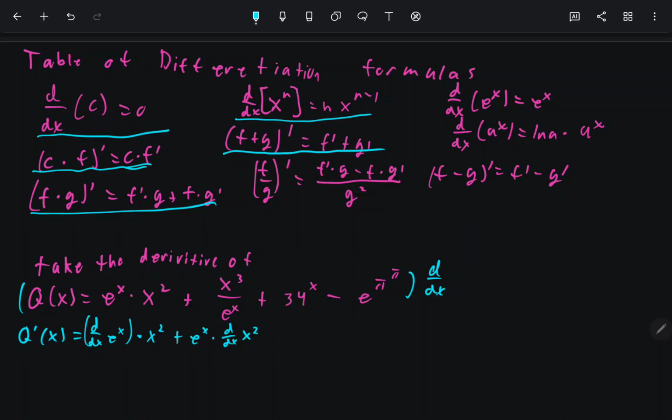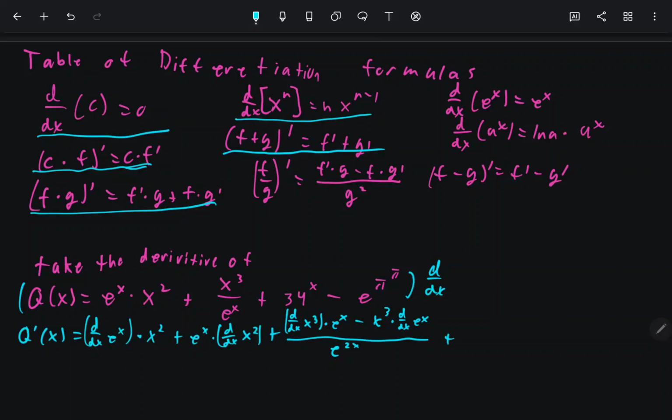All right. Now time for adding on to that. Then we have the derivative of a quotient. So we will get the derivative of x cubed times e to the x minus x cubed times the derivative of e to the x, all over e to the 2x.